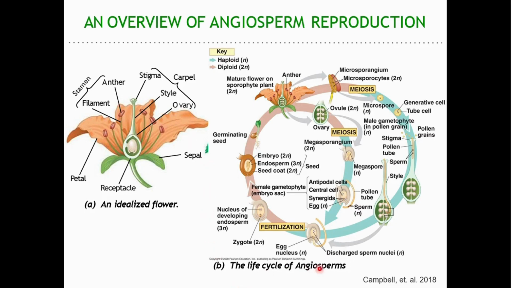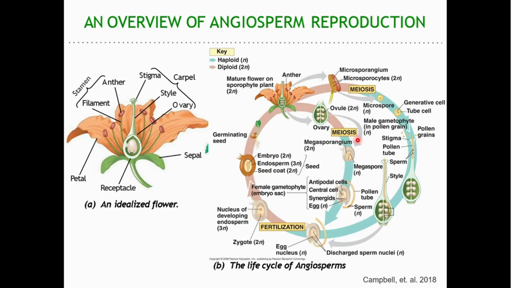So this figure shows the life cycle of angiosperm, figure B. Okay, start with the mature flower on the sporophyte plant, diploid. In the ovary, it contains ovule, a diploid ovule, which then will undergo meiosis.